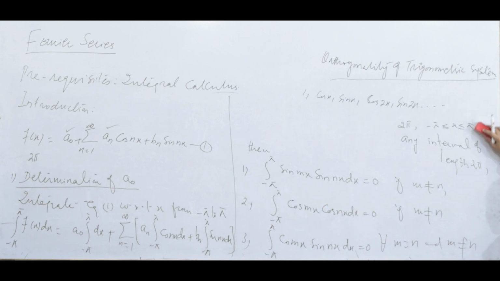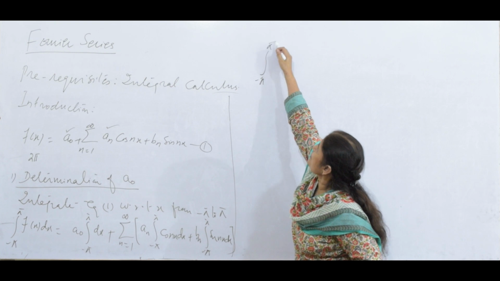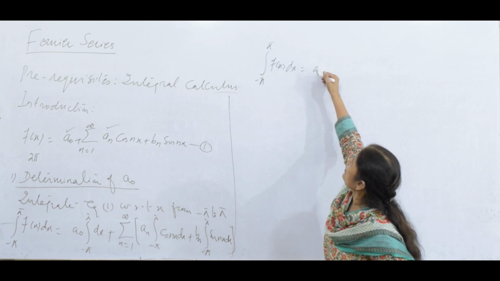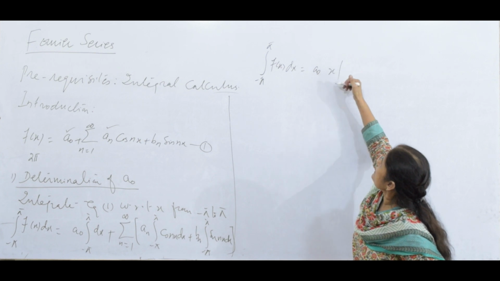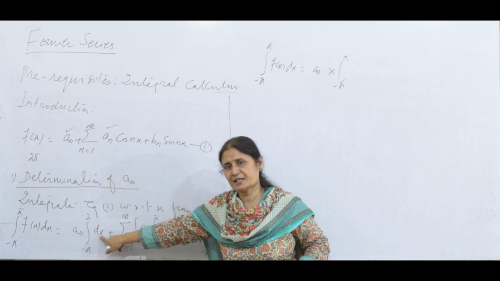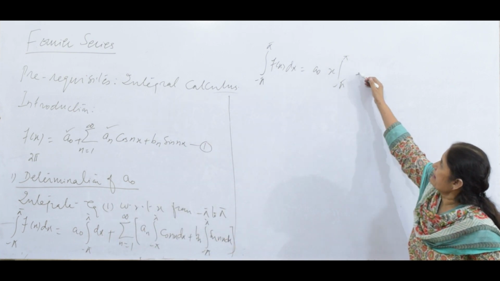If it is equal, it will give you some value. So on the left, it is going to be the integral from minus pi to pi of f x dx, and on the right, a naught times x from minus pi to pi, because when I integrate dx, I get x, and I'll put the upper and lower limit later.